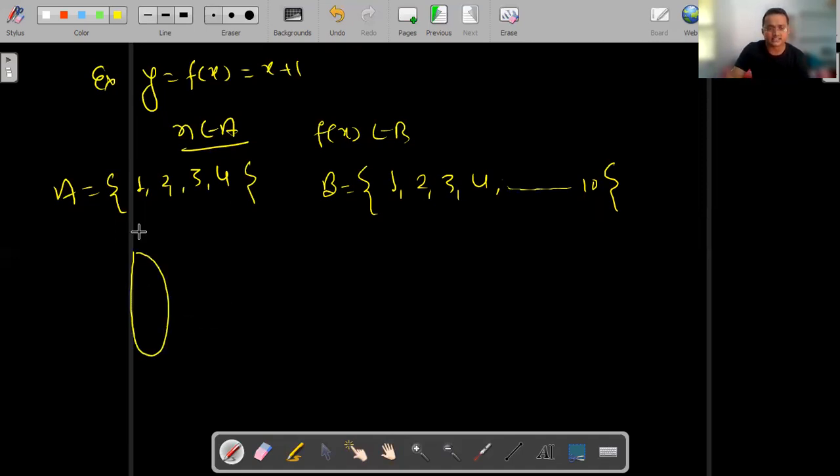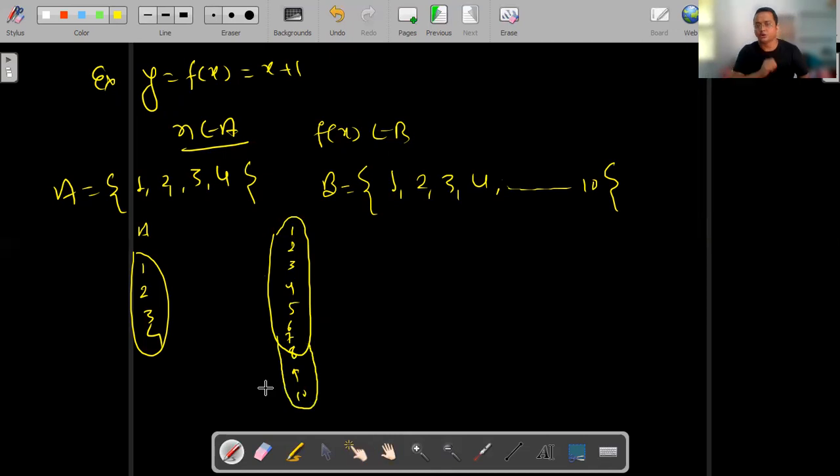Let's say this is set A. You can draw like this: 1, 2, 3, 4. Then this is the set of elements B: 1, 2, 3, 4, 5, 6, 7, 8, 9, and 10. So this is the set of elements A.